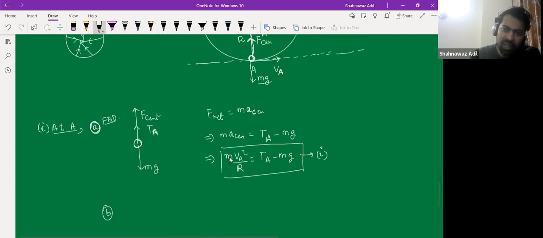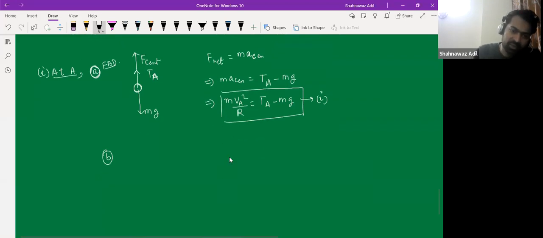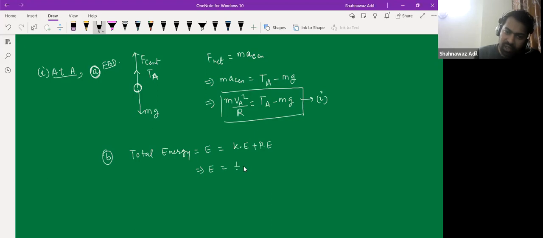We know that the total energy at a point, let's call it E, is kinetic energy plus potential energy. So E is half m v A squared, because this is the velocity.